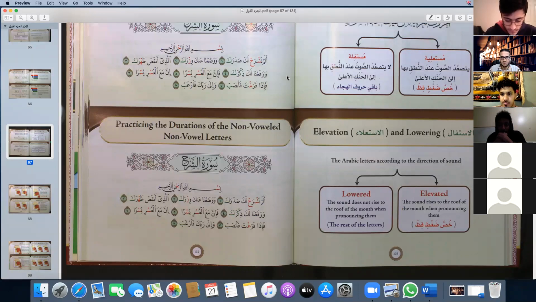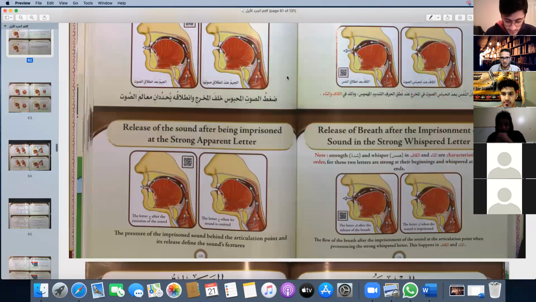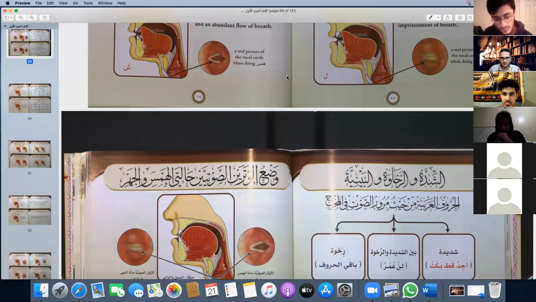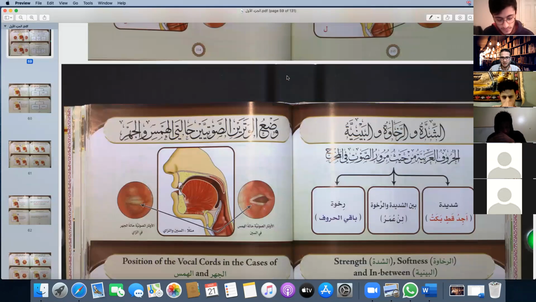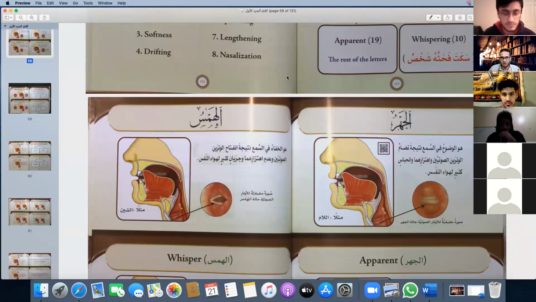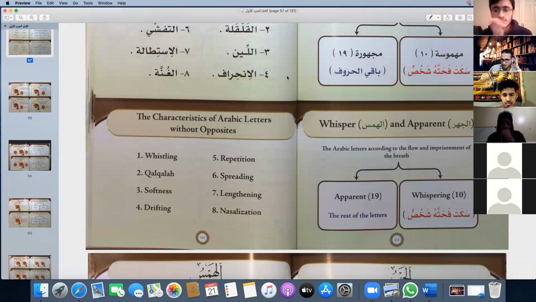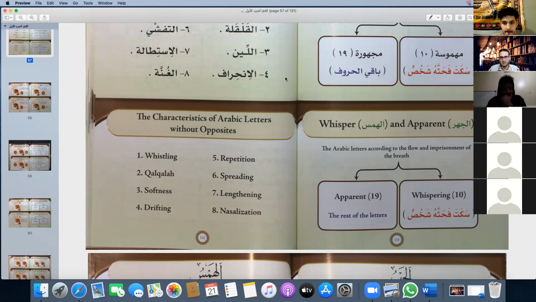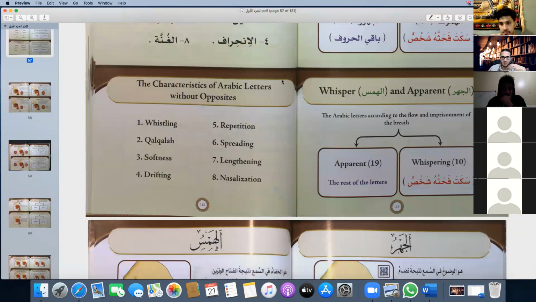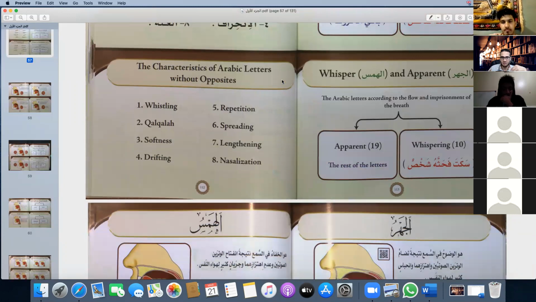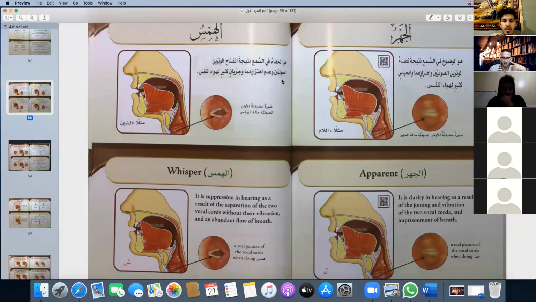Okay, Bismillah. As we started last week with the qualities of the letters, we said that the qualities of the letters are very important because they also differentiate between the sounds of the letters. Like when I say s and us, they come from the same position in our mouth, but I differentiate between them with the qualities of the letters.